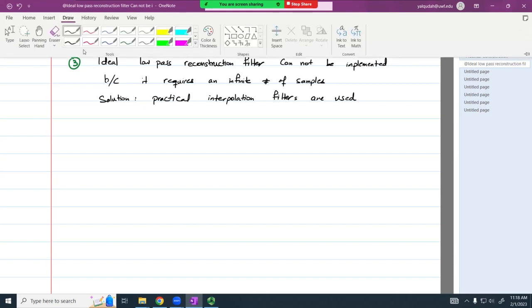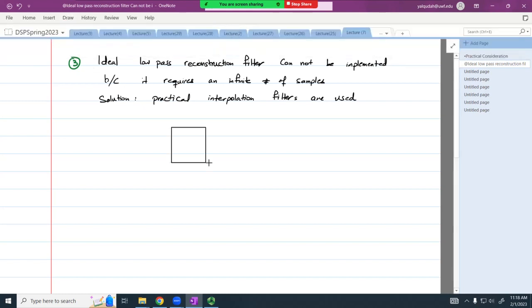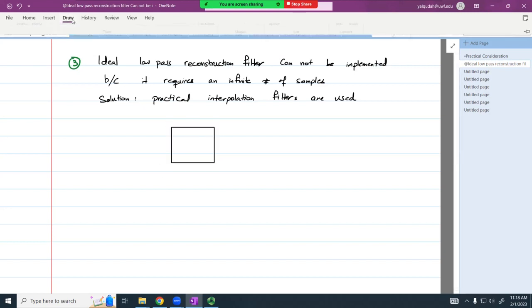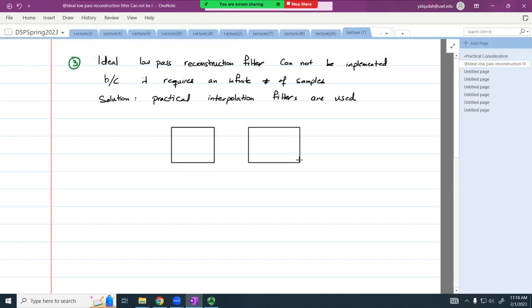So what we do is we're going to take the samples. We're trying to reconstruct the signal.